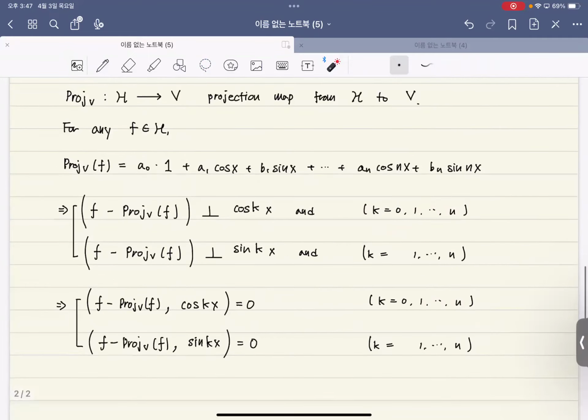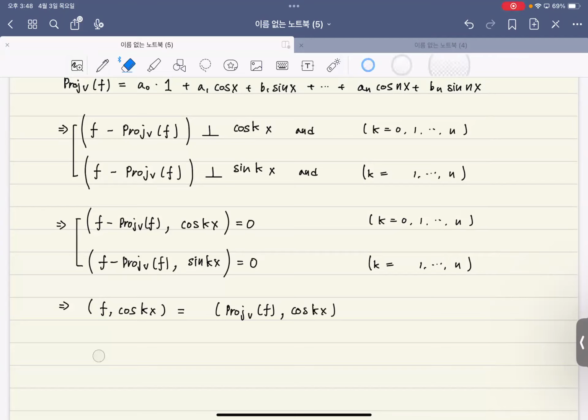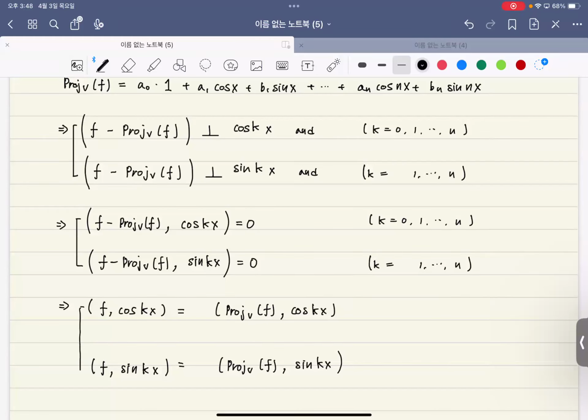However, the inner product is linear, so the inner product of f with cosine kx is the same as the inner product of the projection with cosine kx.